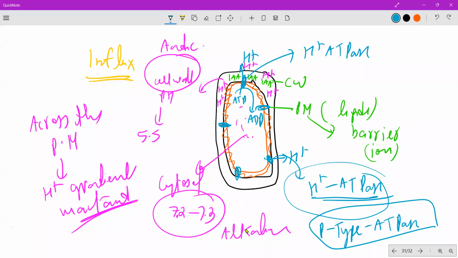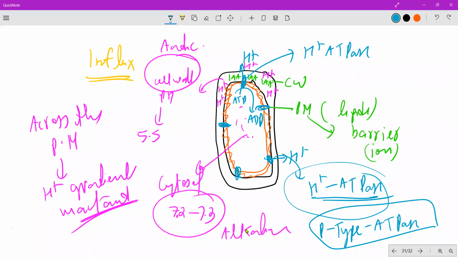So let's not confuse. I'll give you 30 seconds to see this. 30 seconds लो और देखो इसको समझो मैंने क्या बताया. कोई confusion, you can ask me here itself. और आपको पता है who activates these P-type ATPases?